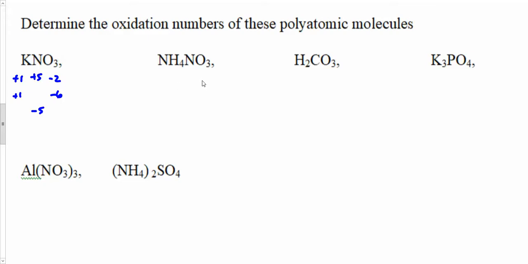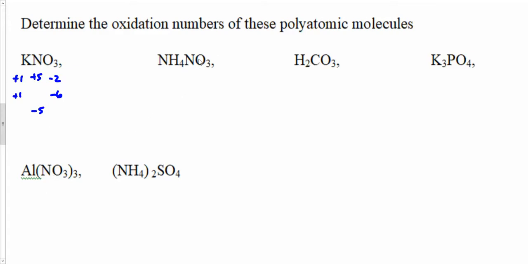Now, something that you'll notice, NO3, everywhere NO3 goes, the oxidation numbers of the N and the O will be the same. So NO3 in this one will have the same oxidation numbers as here and as here.